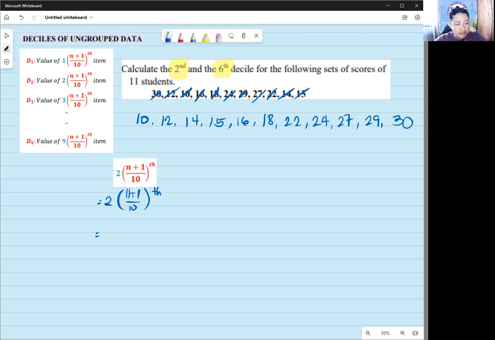So this will be equal to 11 plus 1 divided by 10. Kindly press it in your calculator, and then times 2. 11 plus 1, that's 12. 12 divided by 10, and then multiply it by 2. Get your calculators.